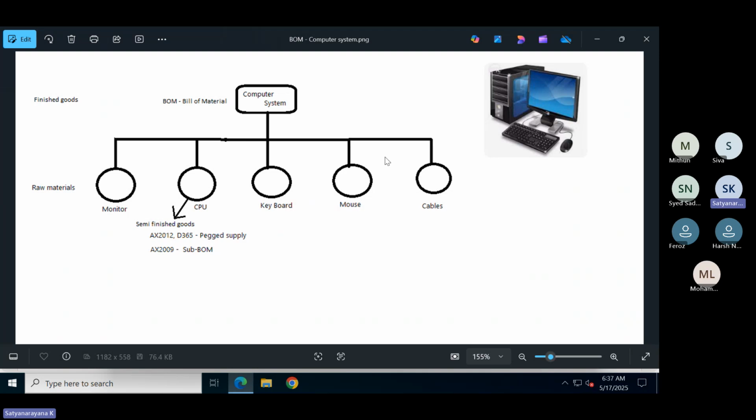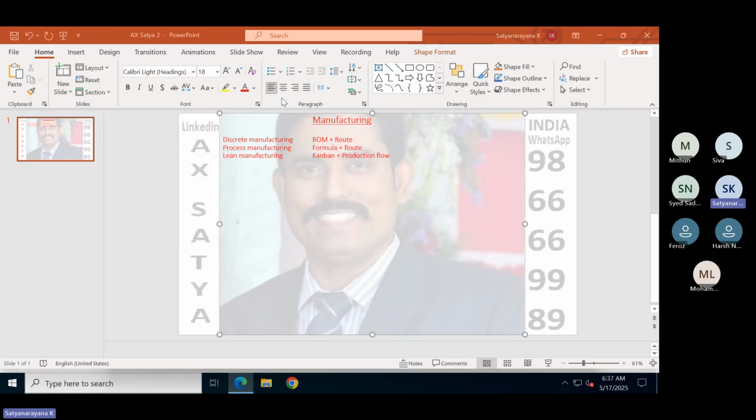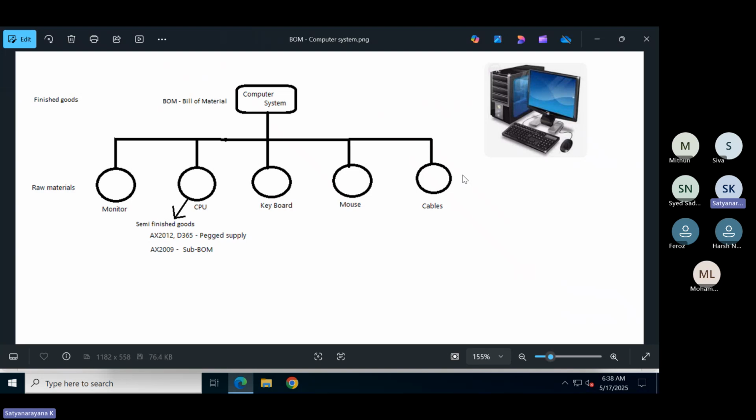Combining all this material, you are making a computer system. This is called BOM. This BOM can be assembled and disassembled. At any point of time, you can separate it into pieces or combine it together into a computer system.